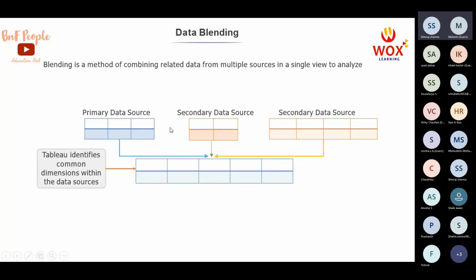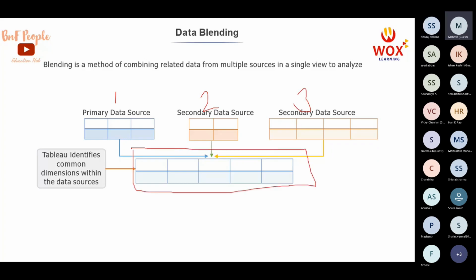As we have seen over here also, we have one data source here, a second data source here, a third data source here. Okay, so after doing the data blending, we get a single source now, or you can say a single data set with us. Okay, that's your data blending, right?